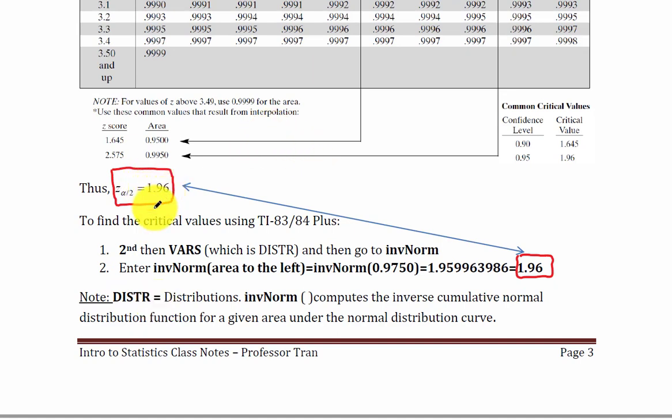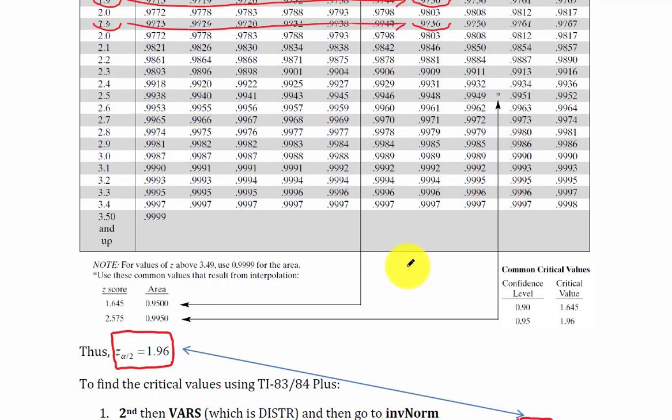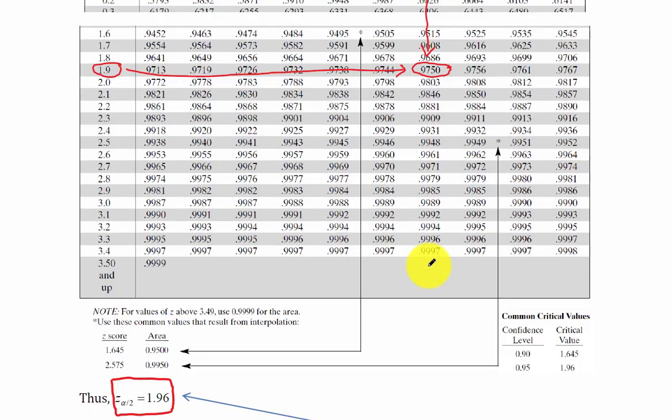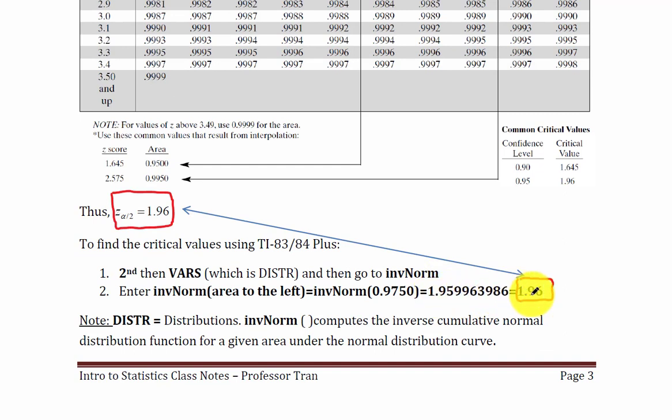And then we can also find the critical value using the TI-83/84 Plus, just as a quick way to do that. All you have to do is hit second and go to DISTR, which is the distribution menu, and then go to invNorm, and then enter the area to the left, which is 0.9750, and that should give you 1.96.